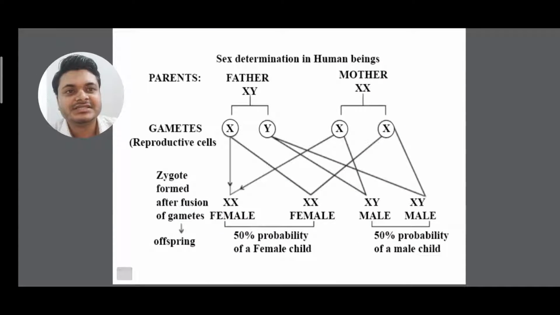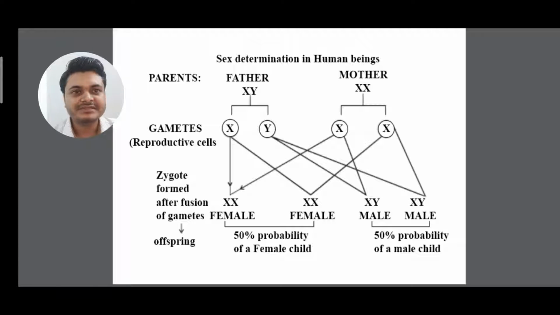So let's see the crossing, how a male or female is produced. See, in the gametes union, the father has XY. We are focused only on the 23rd pair of chromosomes. We are leaving the 22 other pairs of chromosomes, clear?